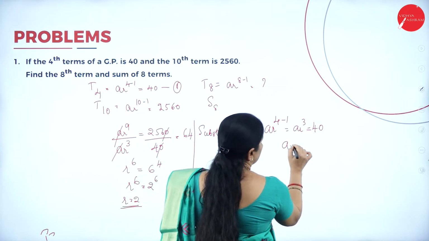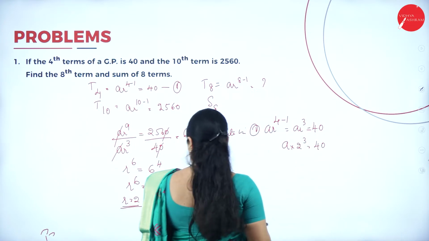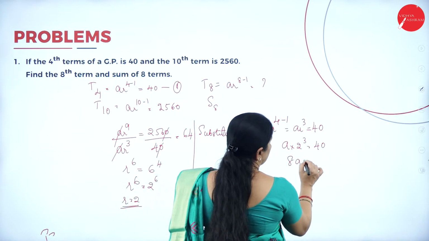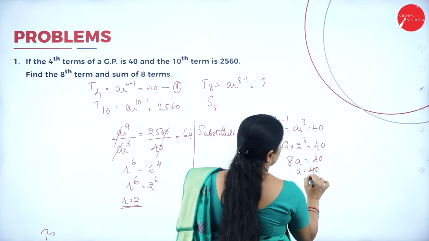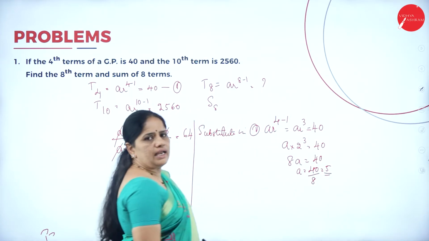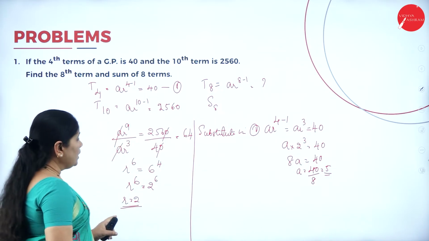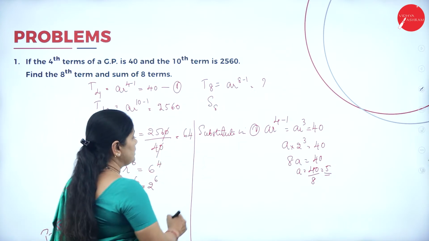So a into 2 cube equals 40. So this will be 8a equals 40. a equals 40 by 8, that is equal to 5. So a equals 5. So we know a and we know r. Now can we not find out T8? Yes, we can find out T8.